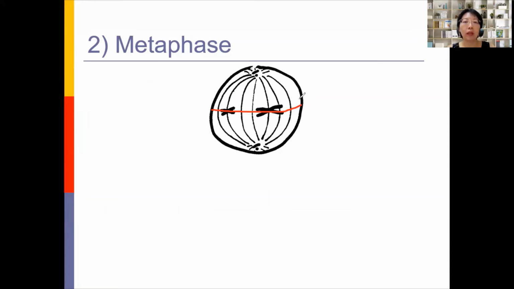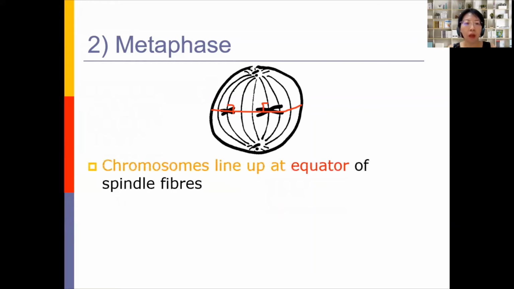This is the equator here, where the chromosomes will be arranged, parallel to the line of the equator, perpendicular to the spindle fiber, perpendicular meaning 90 degrees. So chromosomes line up at the equator of the spindle fiber.